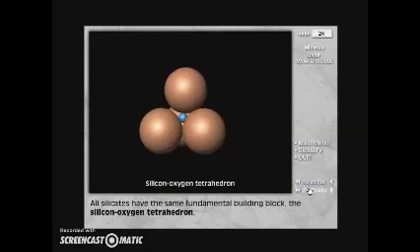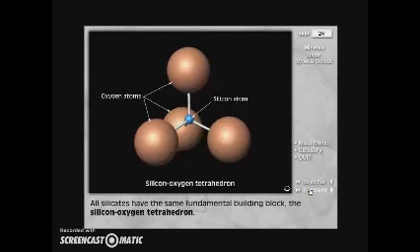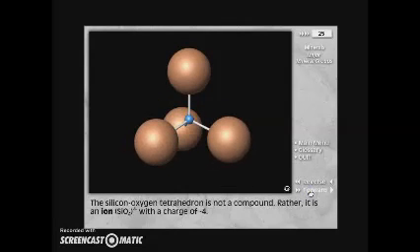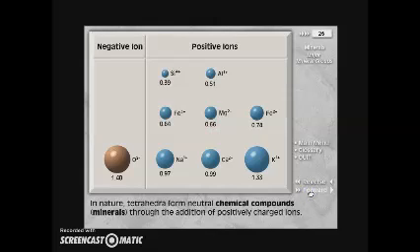All silicates have the same fundamental building block, the silicon-oxygen tetrahedron. The silicon-oxygen tetrahedron is not a compound, rather it is an ion with a charge of -4. In nature, tetrahedra form neutral chemical compounds, minerals, through the addition of positively charged ions.